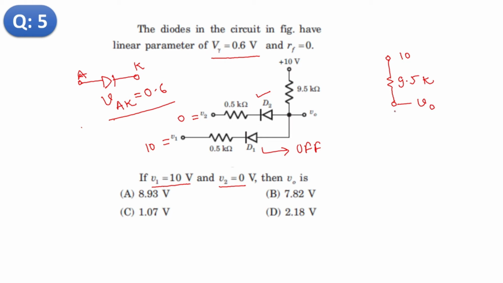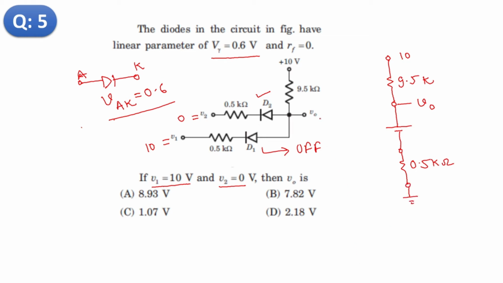Then D2 will conduct, and this p-type semiconductor is considered the positive terminal of the battery, and the n-type the negative terminal of the battery, and then 0.5 kilo ohm resistance, then 0 volt, that is ground.